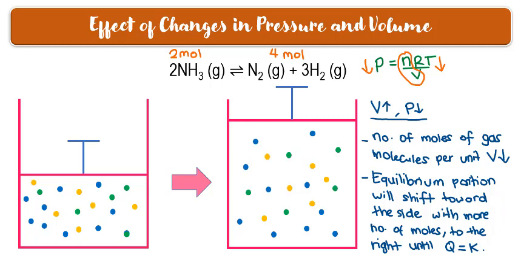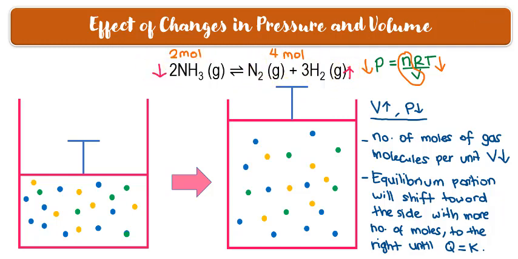The only way to do that is through a net reaction towards the side with more moles of gas. So in this case, towards the product, which is to the right. Thus, the concentration of the product increases and the concentration of the reactants decreases.